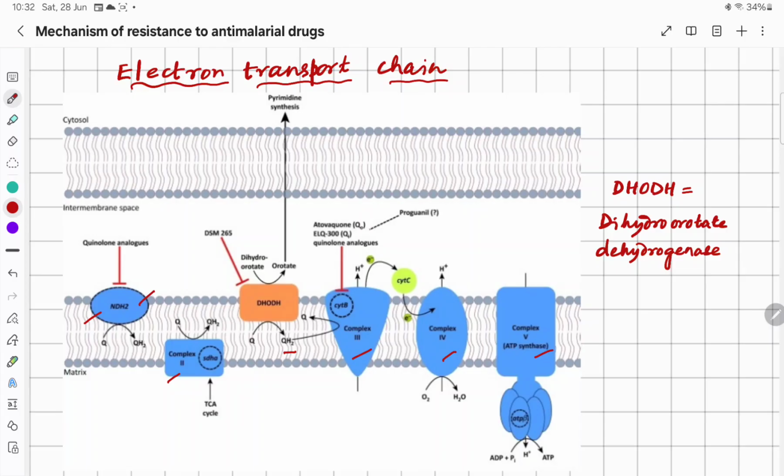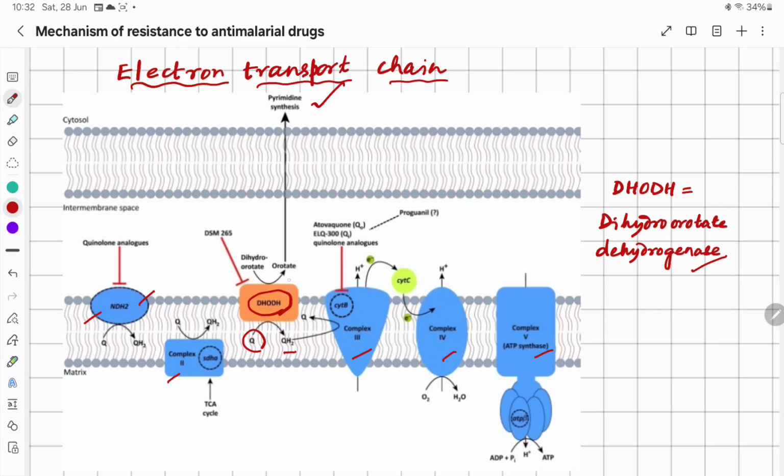And the electron transport chain provides electrons for the coenzyme Q or ubiquinone dependent enzyme dihydroorotate dehydrogenase, because this enzyme is required for the synthesis of pyrimidines.